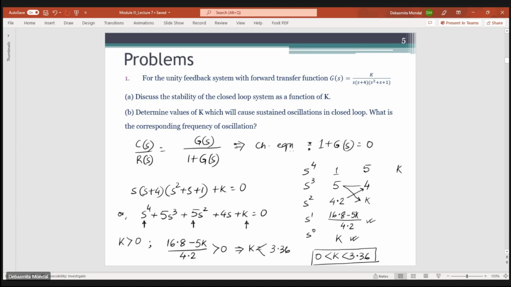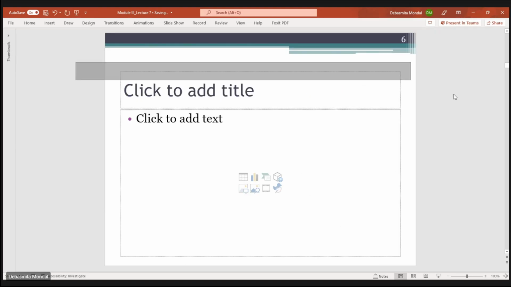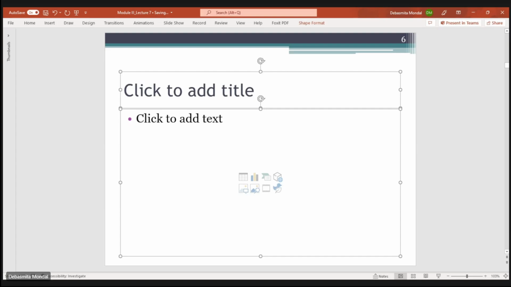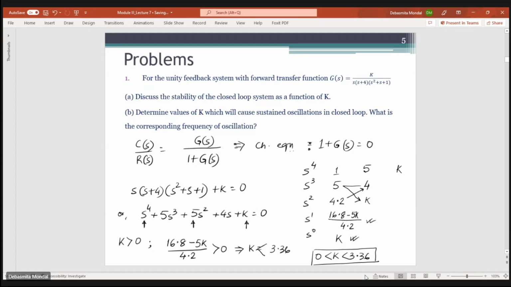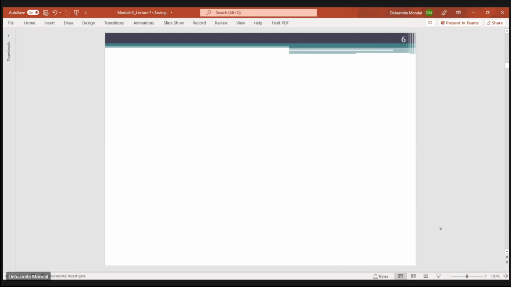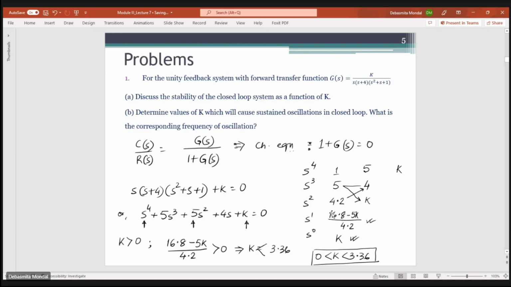Okay, so now let's find out the position of that pair of roots. Now you have this value of k. Let's say we take k equals 3.36. If we write the auxiliary equation, this row becomes equal to 0.